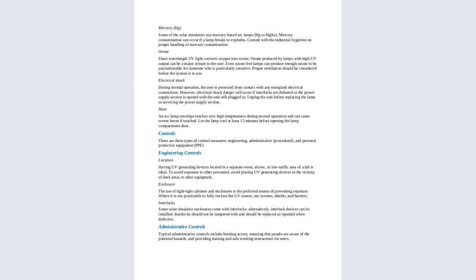We protect ourselves from things like mercury. Some of the solar simulators, such as mercury-based arc lamps, can cause mercury contamination if the lamp breaks and explodes. So consult with the industrial hygienist on proper handling of the mercury-containing lamps. And ozone.